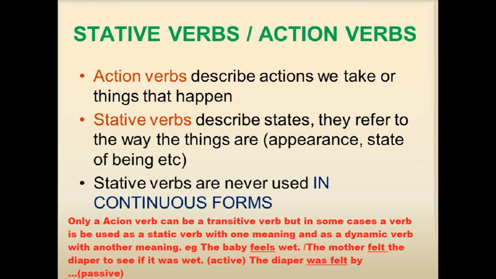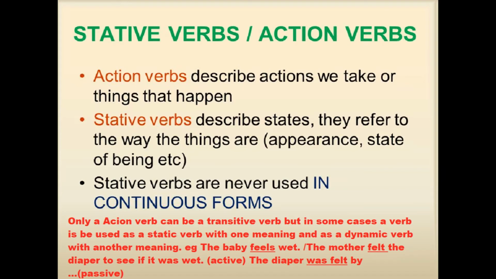Action verbs describe actions we take or things that happen. Stative verbs describe states, no action. They refer to the way things are or the state of things, appearance, state of being. So stative verbs you cannot use in the continuous form, because it is a continuous action.